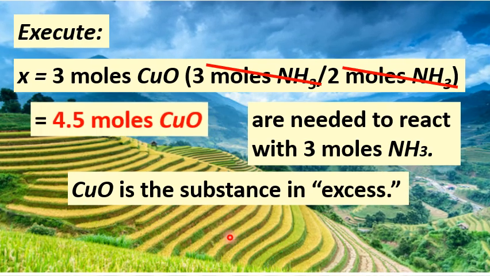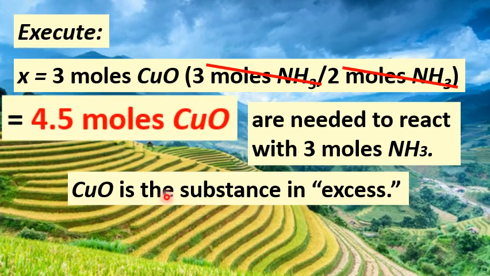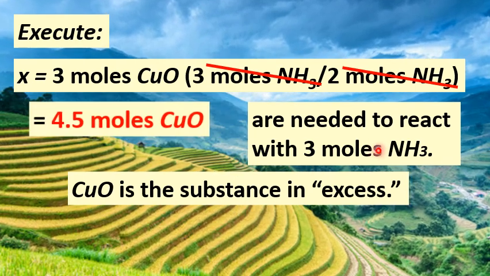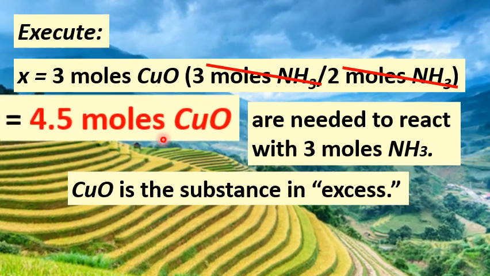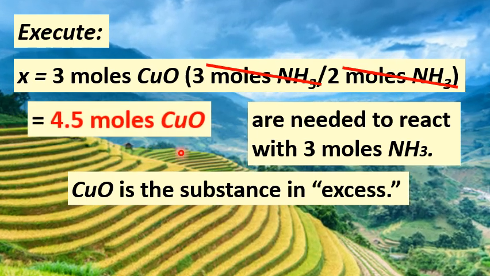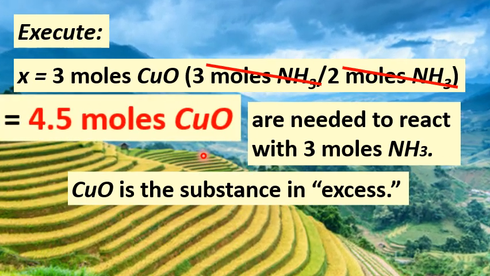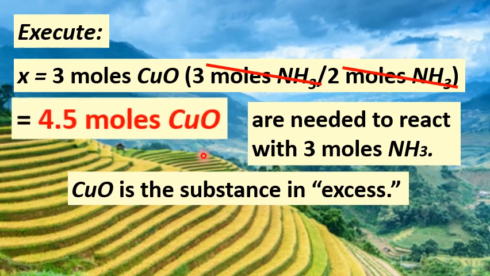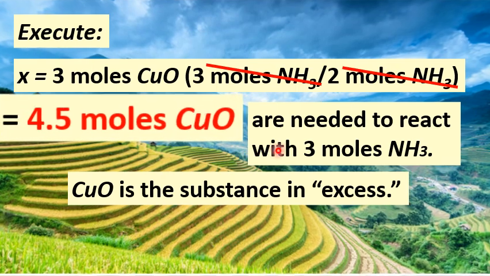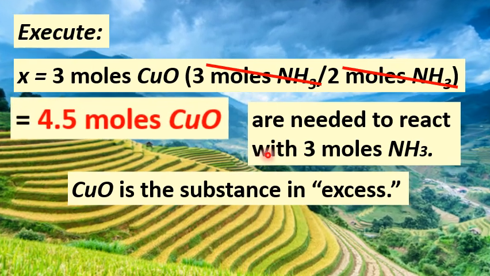This means that out of the 5 moles of cupric oxide used in the chemical reaction, there is an excess of 0.5 mole that remains and is unable to participate in the chemical reaction.